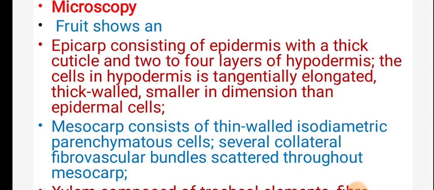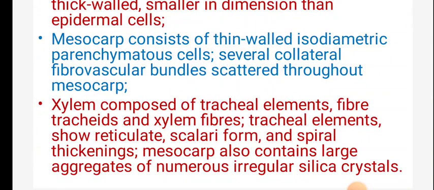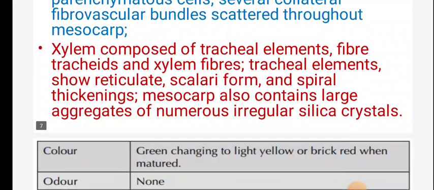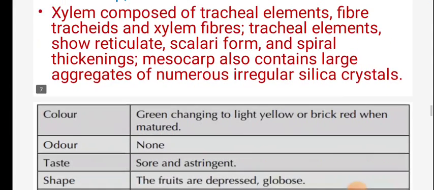thick-walled, small in dimension. Mesocarp consists of thin-walled isodiametric parenchymatous cells, with collateral fibrovascular bundles throughout the mesocarp, and xylem composed of tracheal elements, fiber tracheids, and xylem fibers. This shows reticulate, scalariform and spiral thickening.